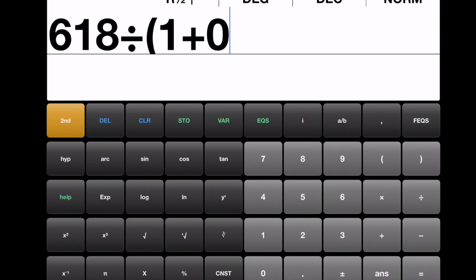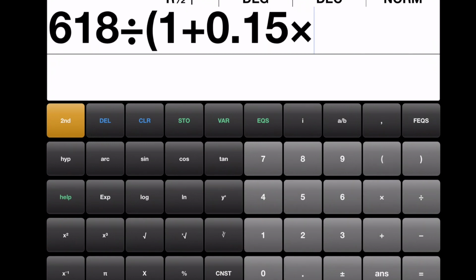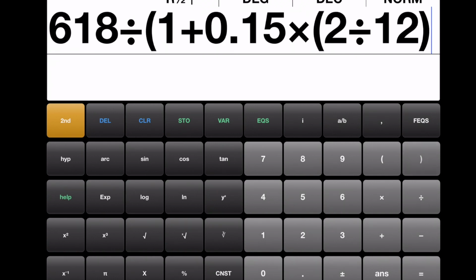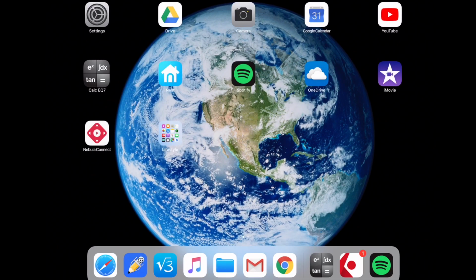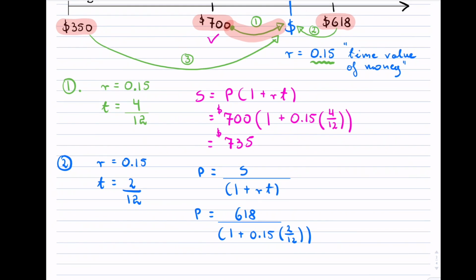So we have 618 divided by, and I'll always open the bracket when it's that fractional division. Now 1 plus 0.15 times 2 months, so over 12. Close the bracket, and we get 602.93.